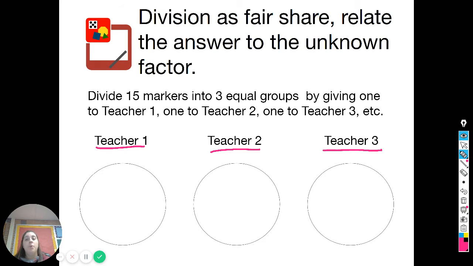I'm going to pause and give you a moment to put 3 big circles on your whiteboard, and then you're going to count to 15. Put one tally or one marker in each group, one at a time until you get to 15. Go ahead and do that now, and then hold it up to your camera so I can help you and check your work.